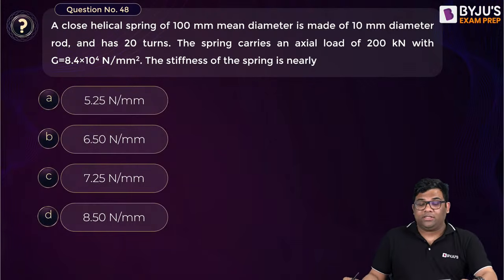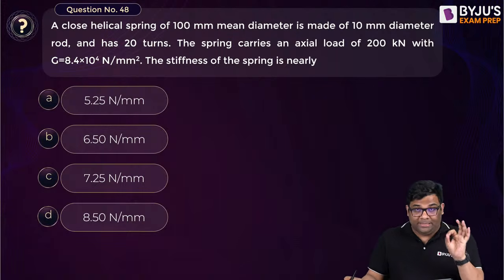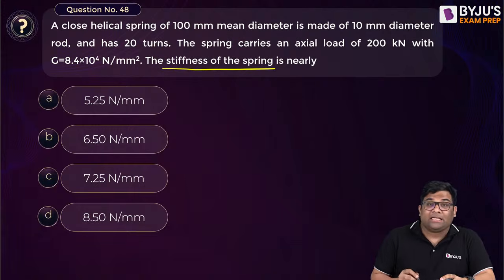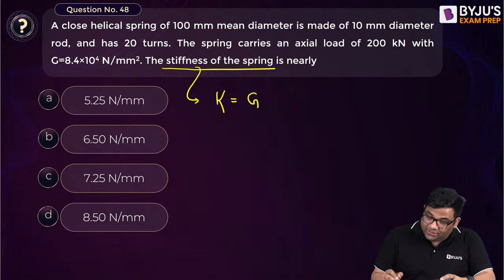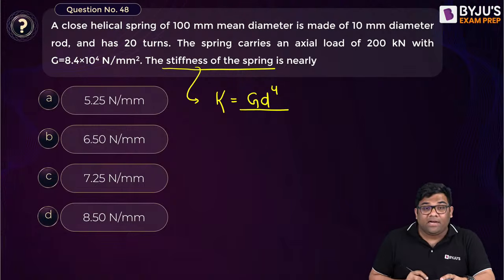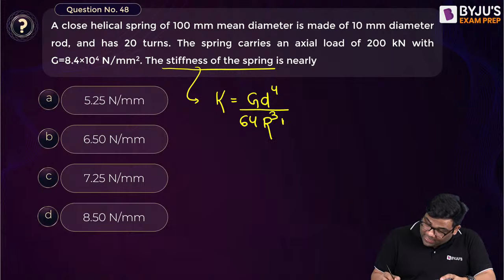Question number 48. This question is from closely coiled helical springs. So stiffness of the spring is asked. Remember the formula. The formula for the stiffness is G, shear modulus, times the wire diameter to the power 4, divided by 64 R cube N. I'll just explain this.